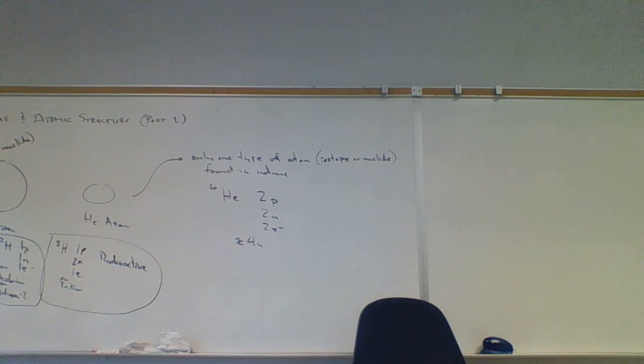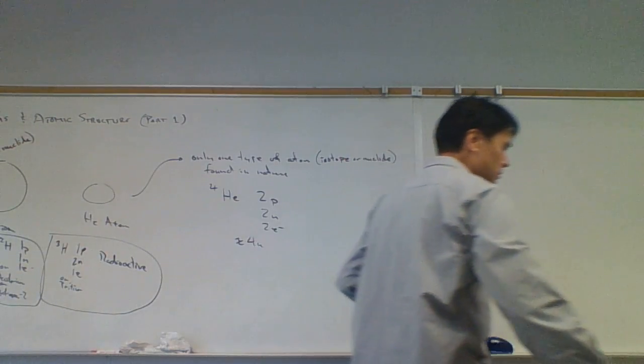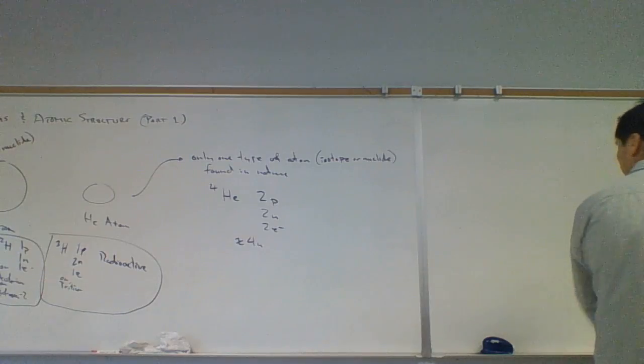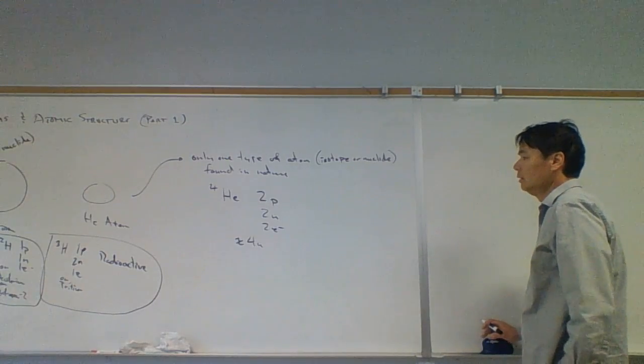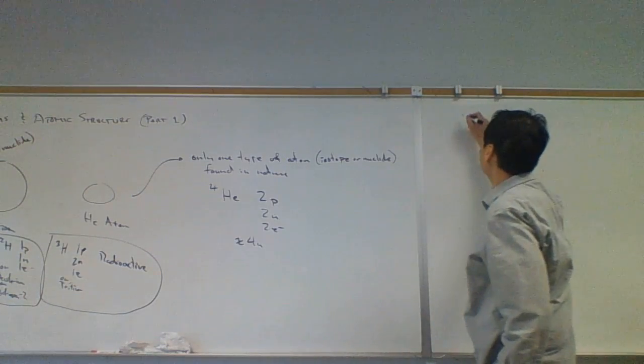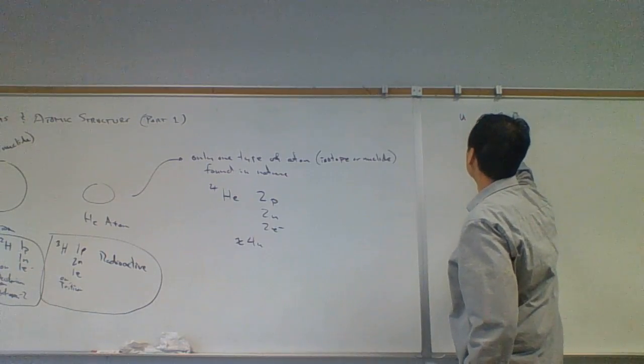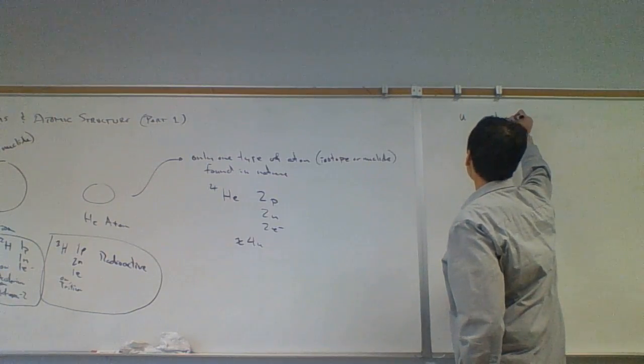And so I want to talk a little bit about the mass, since this is one of the things that we can easily characterize about atoms. And so the U is called atomic mass units.